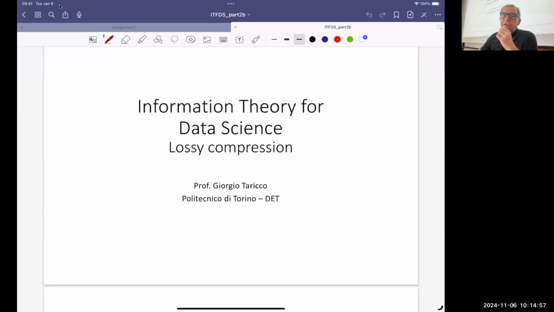We're not going to see specific algorithms for lossy compression targeted to speech compression or video compression, because there is not sufficient space in the course for that. So we are only going to focus on algorithms for quantization.